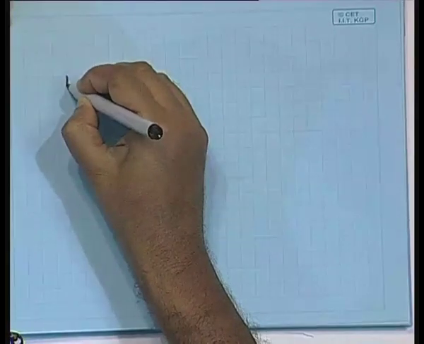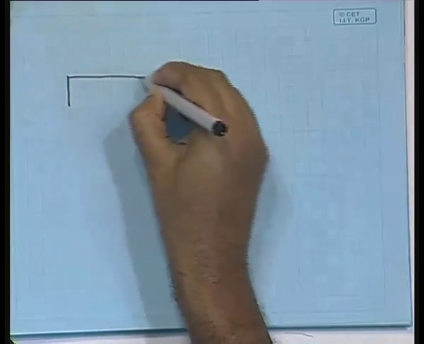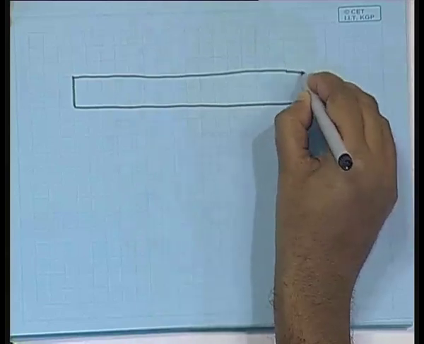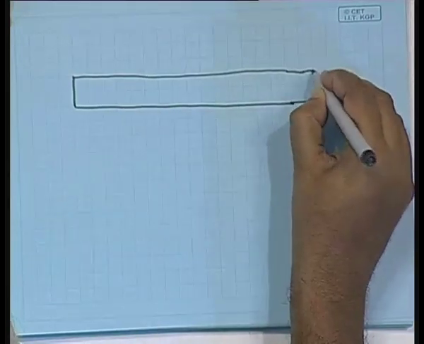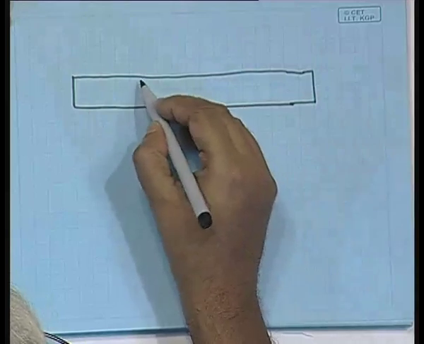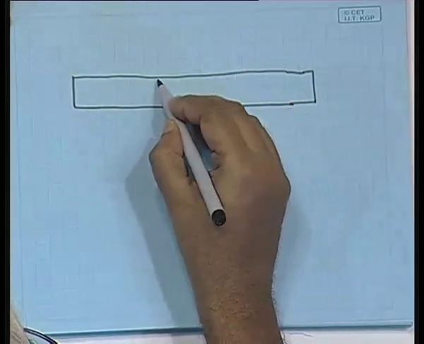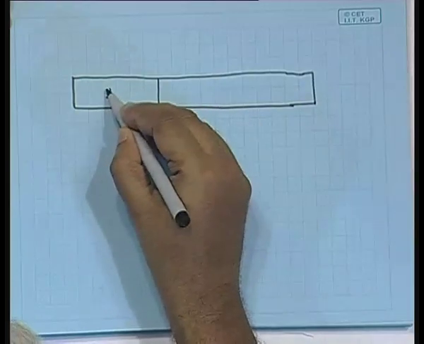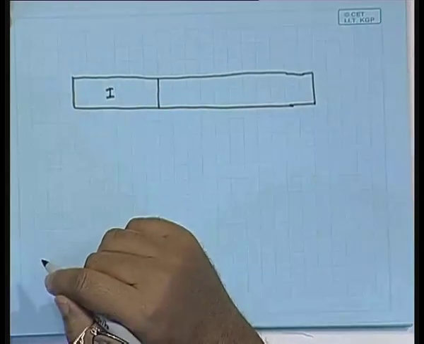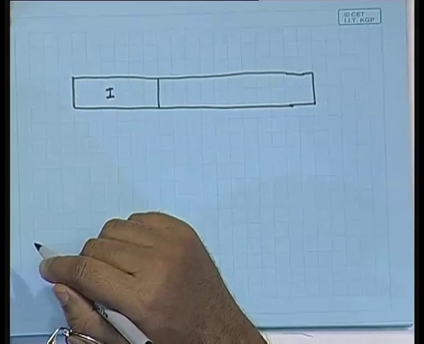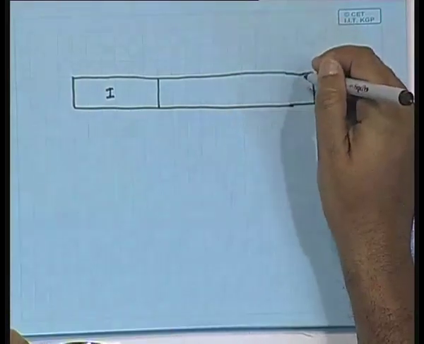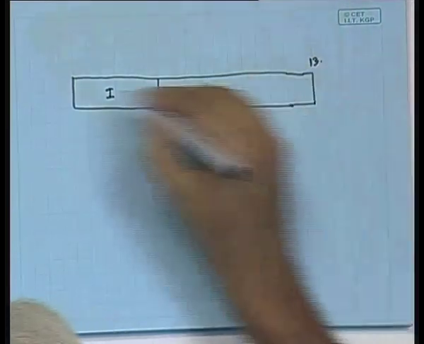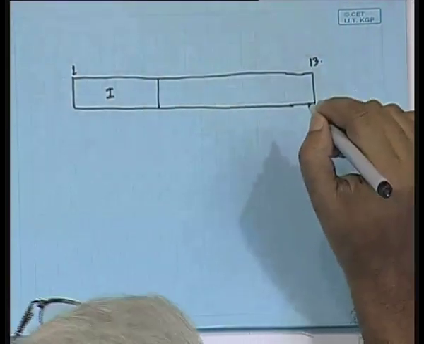Let us say that for a part of the video, I have this much as my available bit budget. Then it is possible that I use a bulk of it for encoding the I frame. Bulk of my bit budget would be spent on the I frame. Let us say that I encode from frame number 1 to frame number 13.